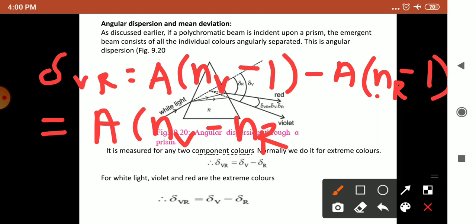Here yellow is practically chosen to be the mean color for violet and red. Of all the dispersed colors, yellow will be at the center.